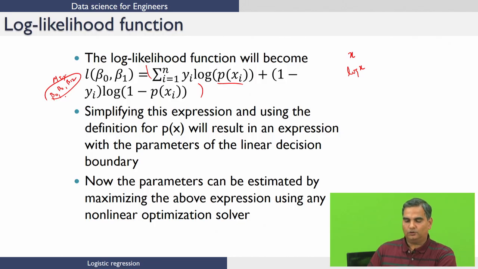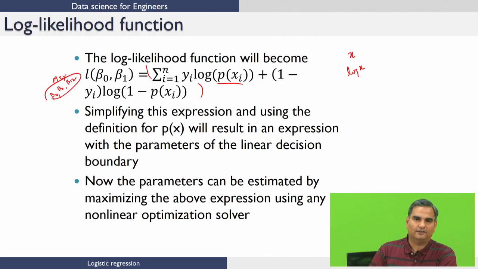Also, the way the probability is defined, this would become a nonlinear function. So, basically we have a nonlinear optimization problem in several decision variables, and you could use any nonlinear optimization technique to solve this problem. When you solve this problem, what you get is basically the hyperplane.